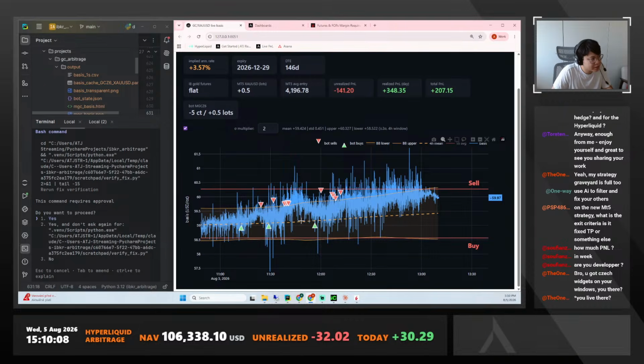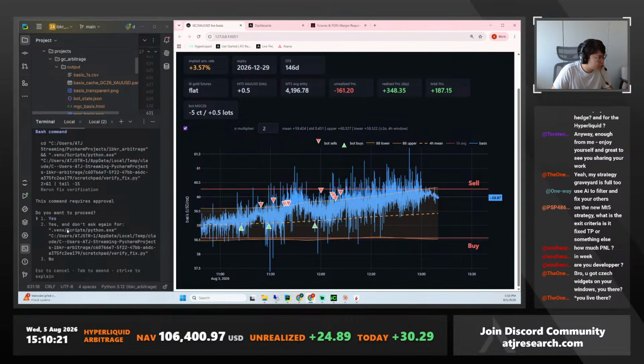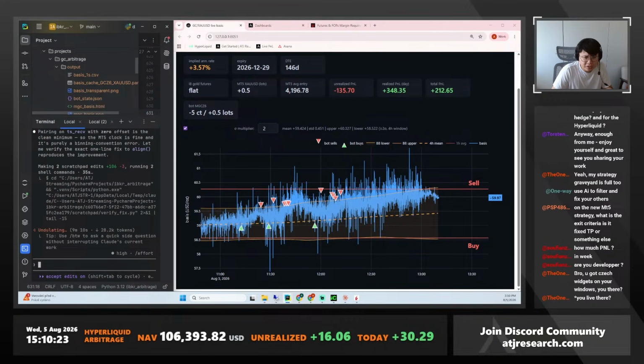Can you see that? And then again, it sells when it's above the band, and then it will try to exit again at the average when it drops here. So that's the main idea of the strategy. And when it goes below, it will buy, right? So it's just a mean reversion strategy using Bollingers.